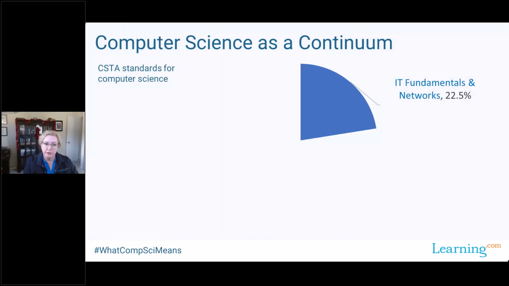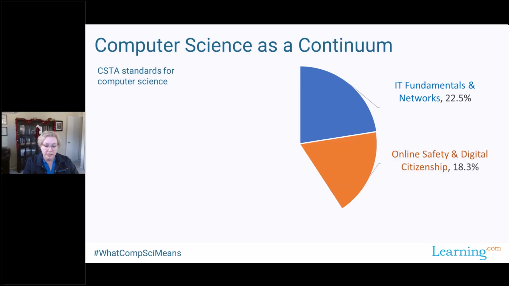In our review of the CSTA standards for computer science, we found that IT fundamentals and networks content makes up 23% of those CSTA standards. Online safety and digital citizenship make up 18% of those computer science standards.